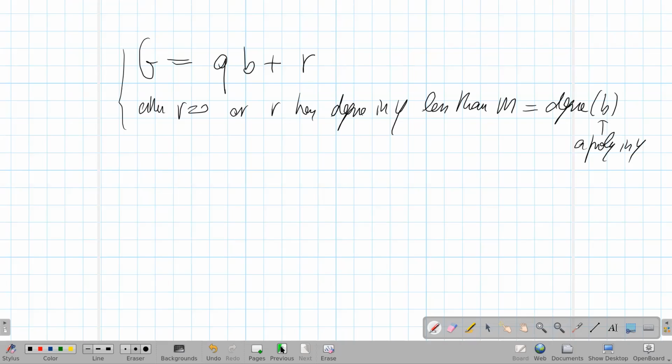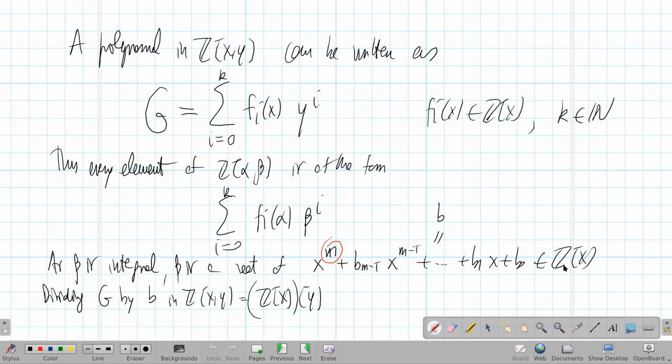Let's look back just for a second. B is the polynomial of which beta is a root, and G is this biggish polynomial, running from i equals 0 to k.